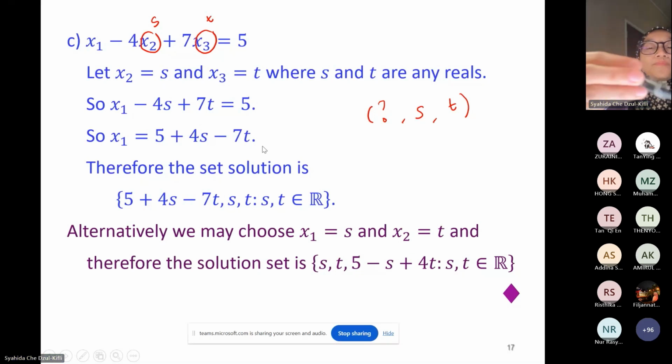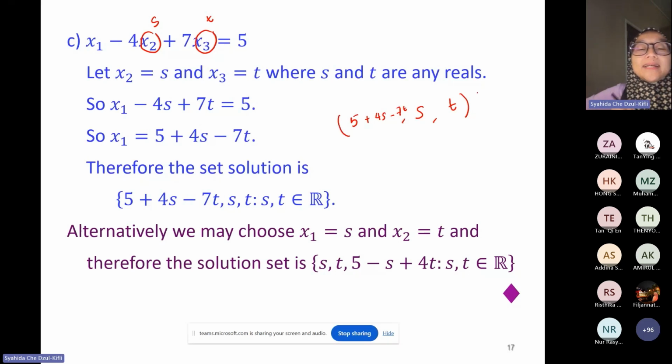So the solution is (5 + 4s - 7t, s, t). This is the general form of the solution. The set is, t is in R.